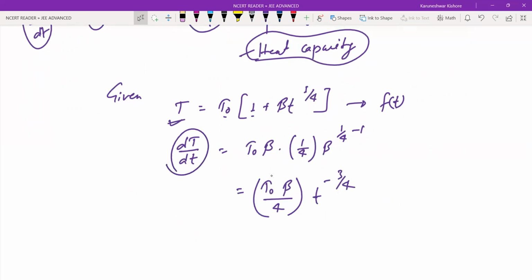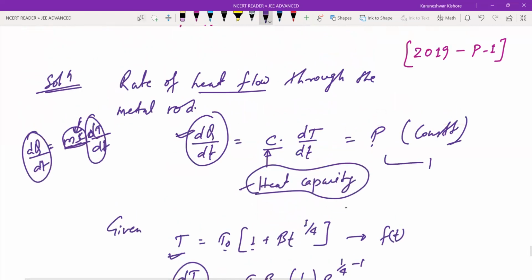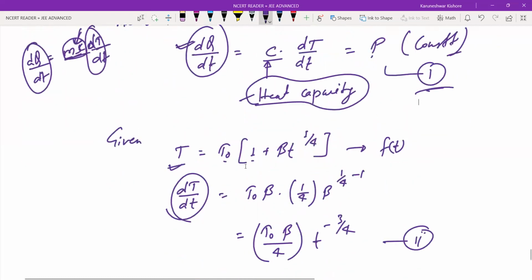I am considering this to be equation 2, and the first equation we consider as 1. So from 1 and 2 we are looking to find the value of C.